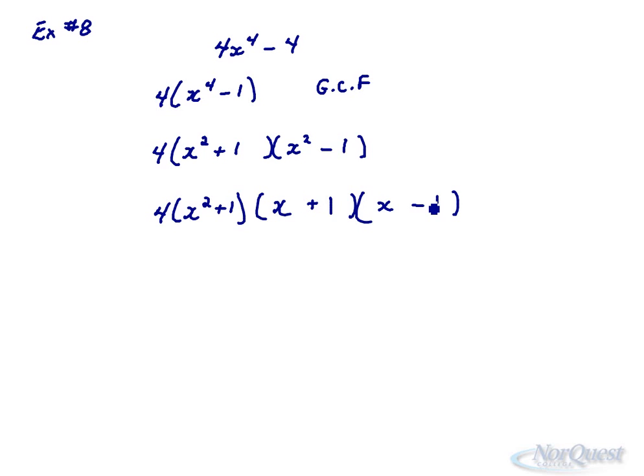So 4x to the 4th minus 4 can be factored as 4 times x squared plus 1 times x plus 1 times x minus 1. So there's 8 examples going through the 3 different types of trinomials with some GCF practice, and 2 examples on binomials where you use difference of squares.